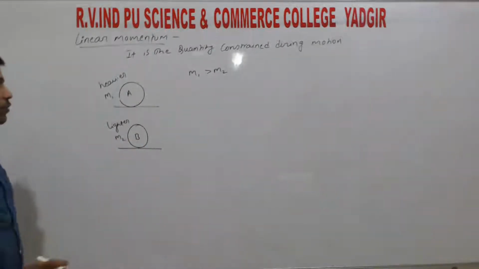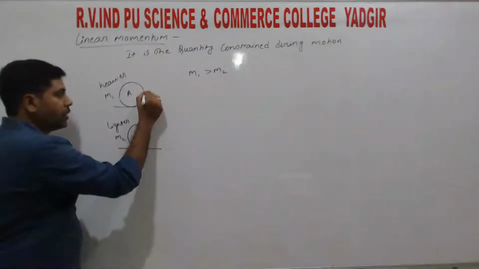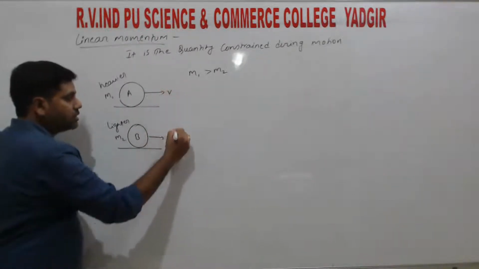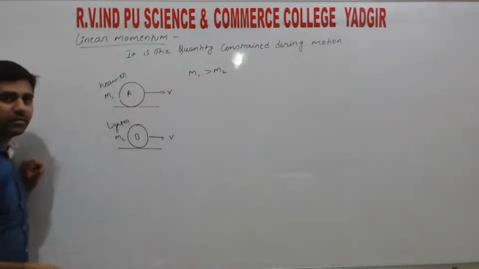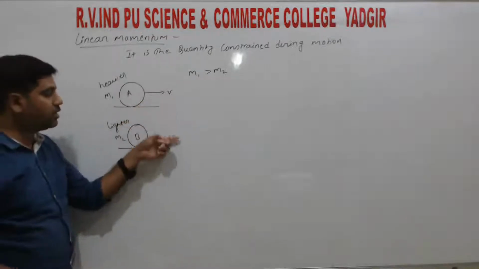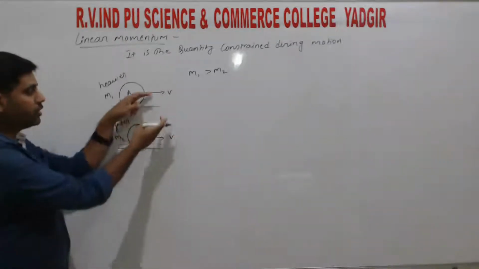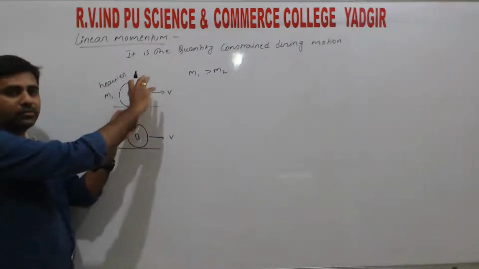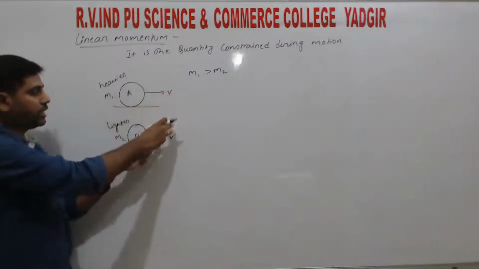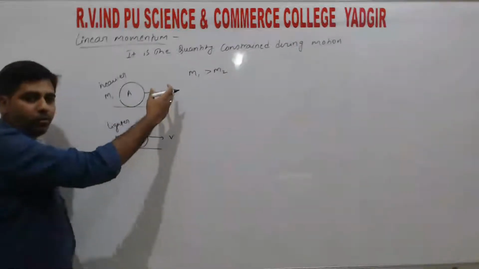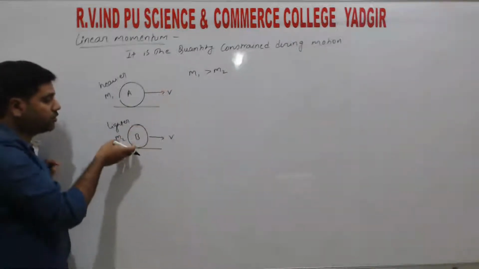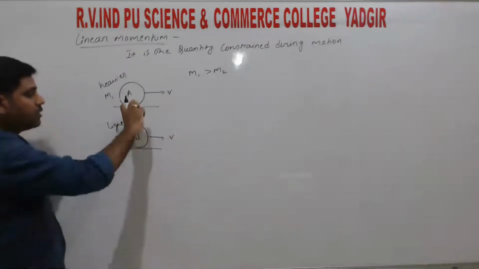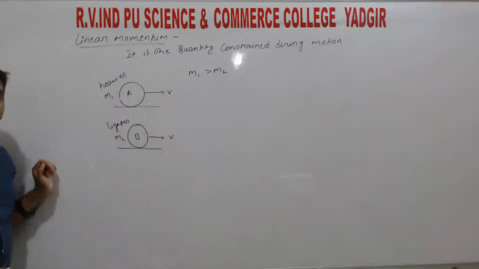In the first case, these two objects are moving with the same velocity V. So both are moving with the same velocity. The heavier object is moving with, for example, 10 meters per second, and the lighter object is also moving with 10 meters per second, but the masses are different.